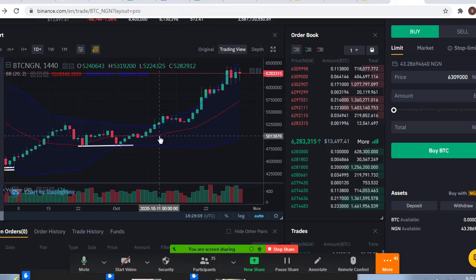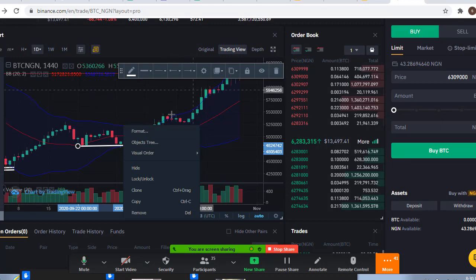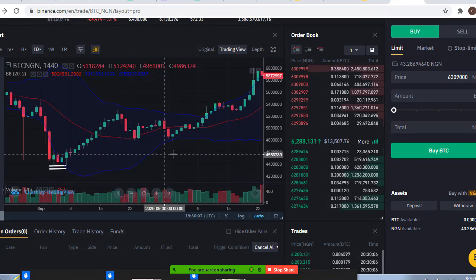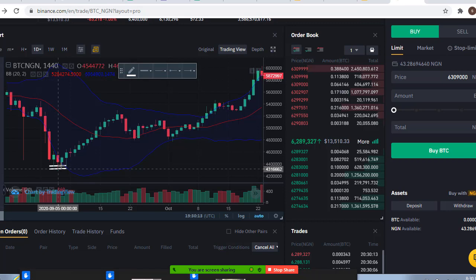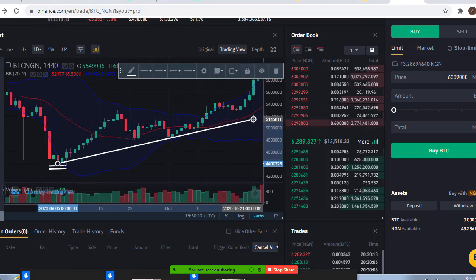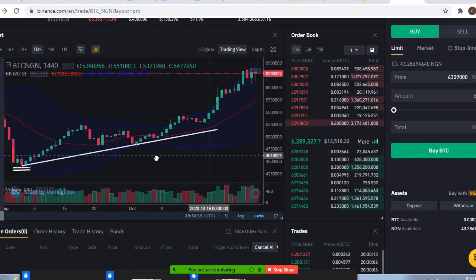But if you are using a PC, it will be very easy, like I illustrated. There are principles you use to draw a trend line. Mark two points, like in this case, this point and this point, and then you take your trend line for it to be valid, and you draw it out.